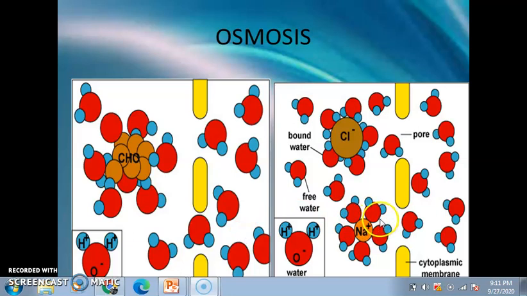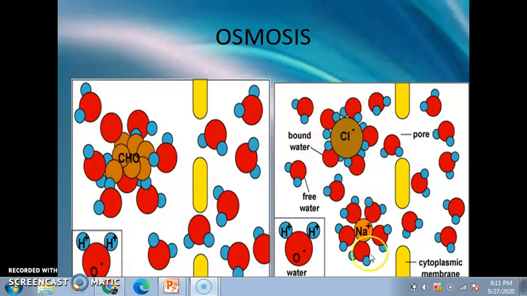Sodium attracts the partial negative charge of the oxygen. Chloride is negatively charged, so it attracts the positive charge of the hydrogen.